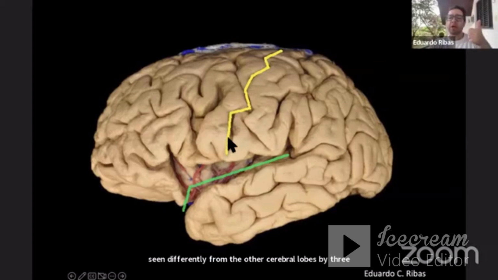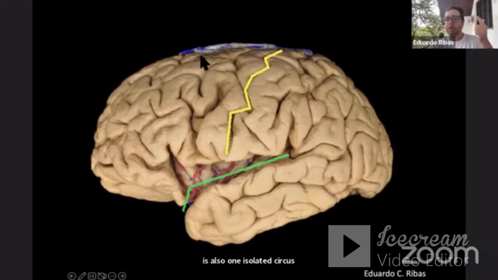First, it is an oblique sulcus. It's almost vertical; we call it oblique because it folds a little bit backwards. It's also an isolated sulcus, meaning that it usually does not receive important sulci anteriorly or posteriorly. It's really isolated.